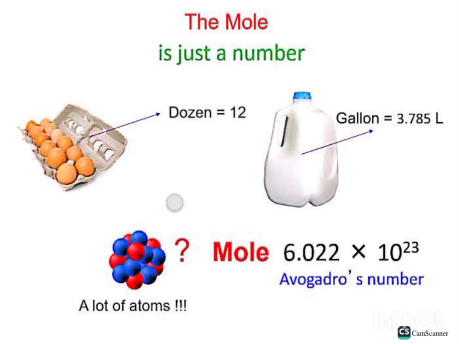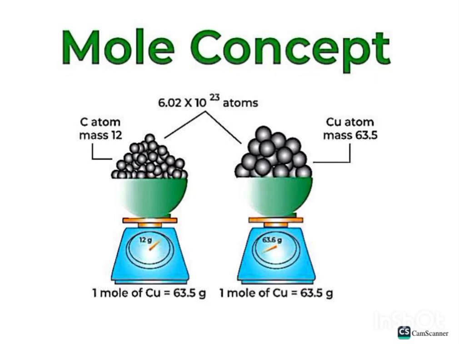Now if we have to calculate in a chemical reaction, it involves a lot of atoms. So how are we going to do it? We use the concept of mole. So we can say that the mass of everything, when we calculate it with the help of a mole, is always equal. Like you can see, we have two different weighing balances.